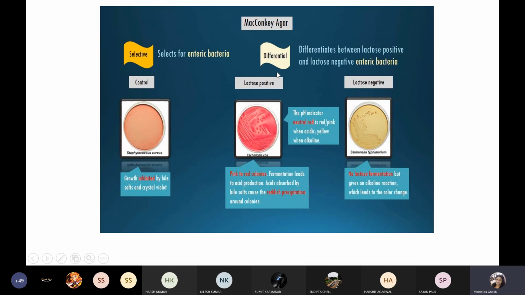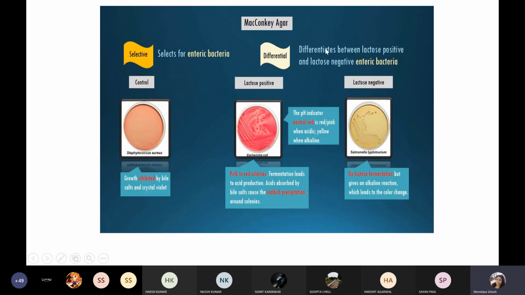Now, in case of differential media, what is done in this media? These media differentiate between lactose positive and lactose negative bacteria. So many types of differences can be gained by manipulating the components of this agar.